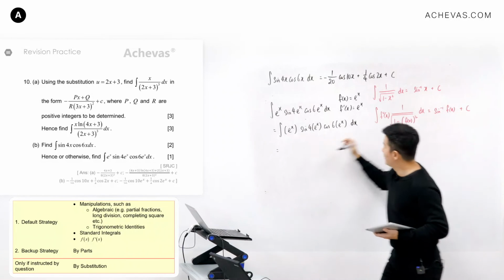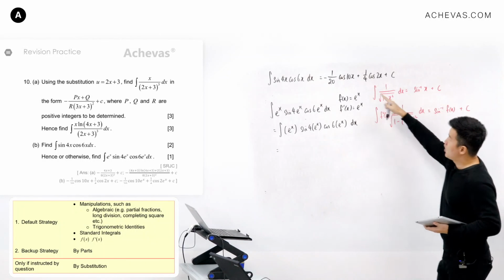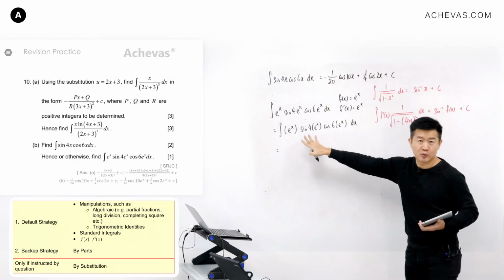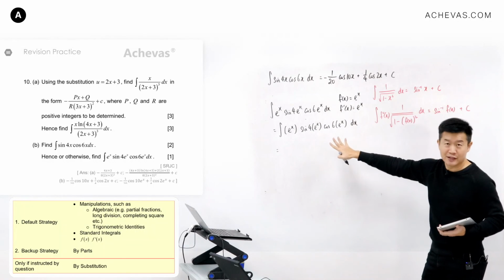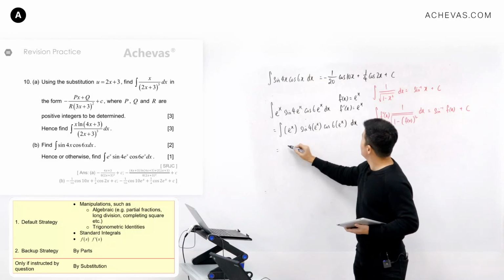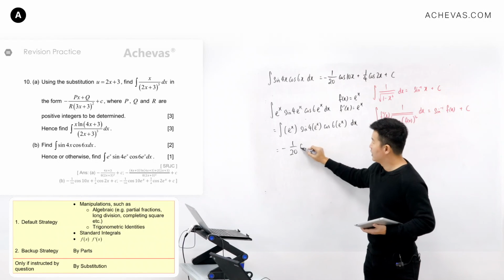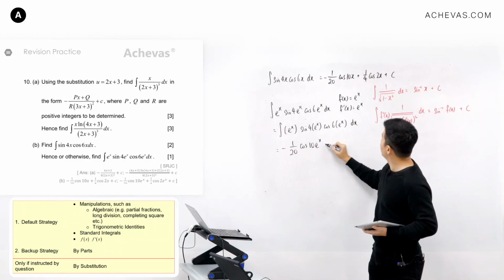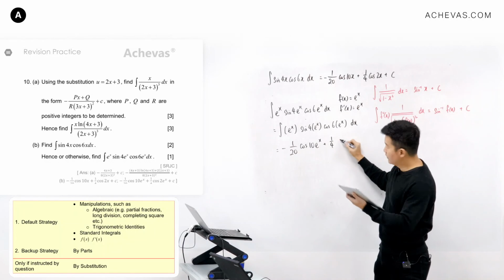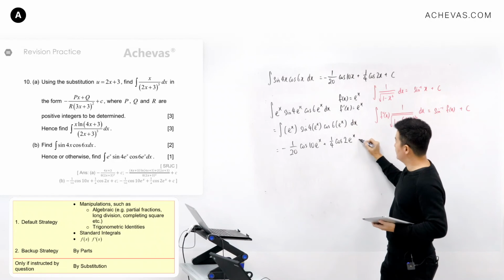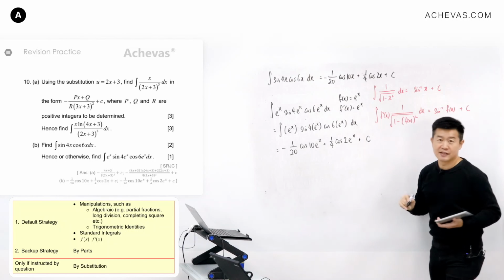And now, by making use of the same idea, all these x just need to be replaced by f(x), and I will be able to conclude this integral, which is going to be minus 1 over 20 cosine 10 e to the power of x plus 1 over 4 cosine 2x, where x is replaced by e to the power of x, plus c.